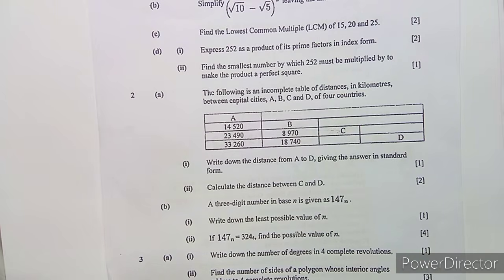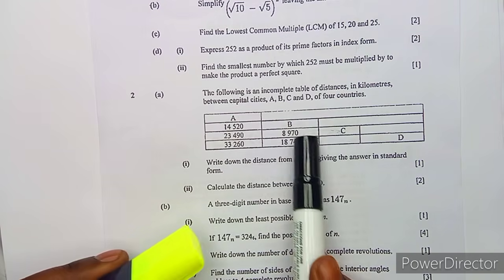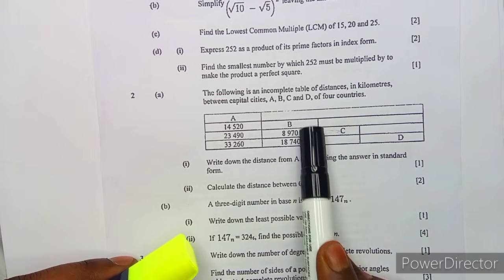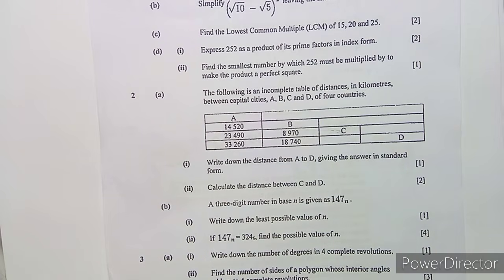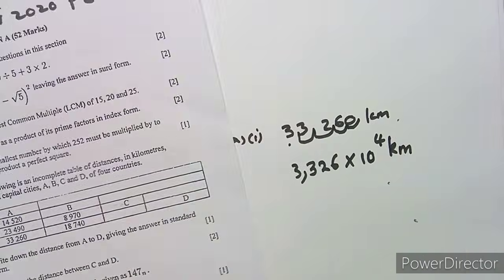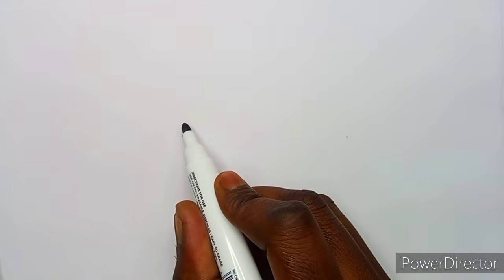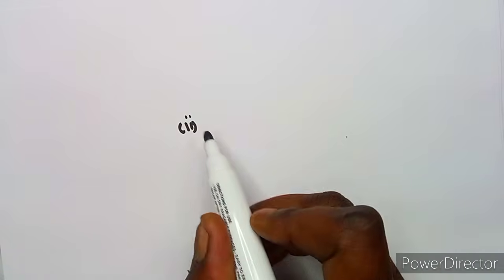I want you to understand this. This is the distance between B and C. This is the distance between B and D. There is something that I want you to relate there. Maybe it can make sense when I am writing this down. I want you to see something.